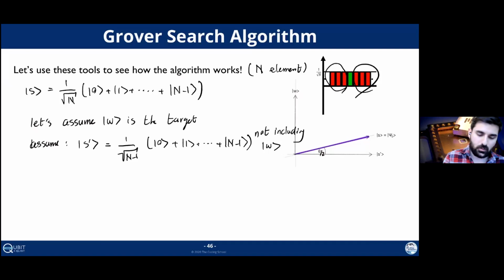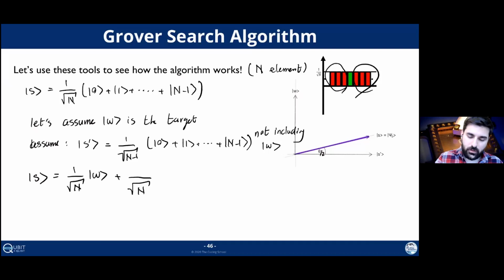So using this tool, now I can rewrite S as 1 divided by square root of n times the W state. So this is what we've seen earlier when W was 2, plus, now I'm going to have 1 divided by square root of n, but it's going to be n minus 1 divided by square root of n times this S prime state.